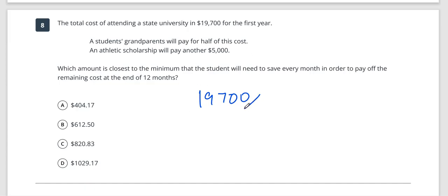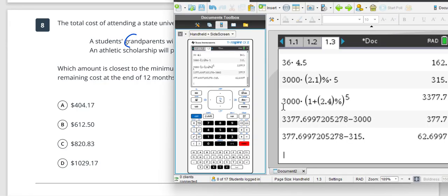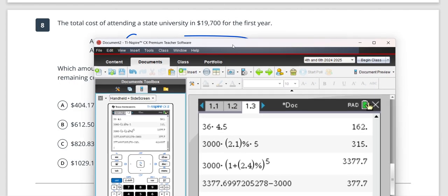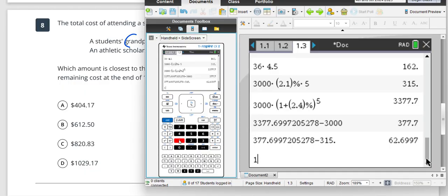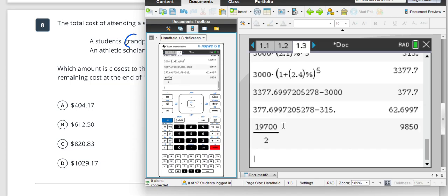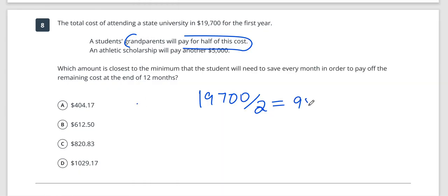So for the grandparents, you take 19,700 and divide that by 2. That's what the grandparents are going to pay, which is 9,850. And then a scholarship will take off another.